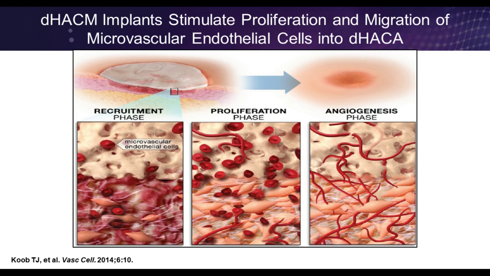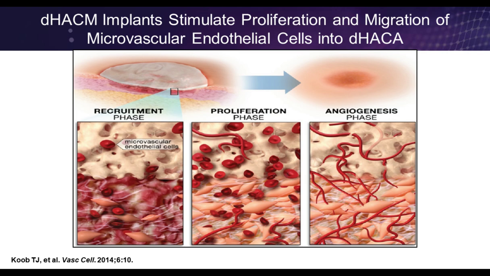And again, because of the active growth factors and cytokines that stimulate those stem cells to differentiate into vascular endothelial cells, they actually then can stimulate proliferation and actual formation of new capillaries. That is a proliferation phase as well as finally an angiogenesis phase. So what you see in this diagram, in the left panel, is the recruitment of the stem cells, the microvascular endothelial cells coming in.